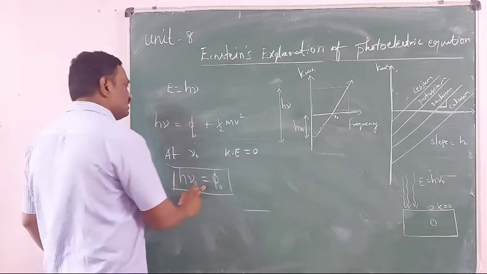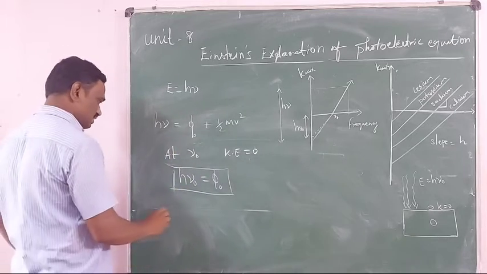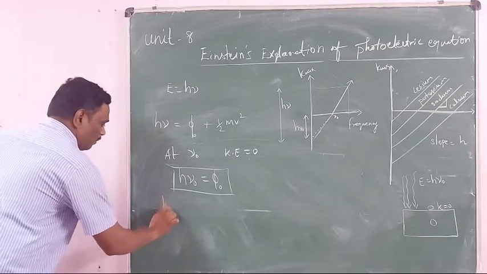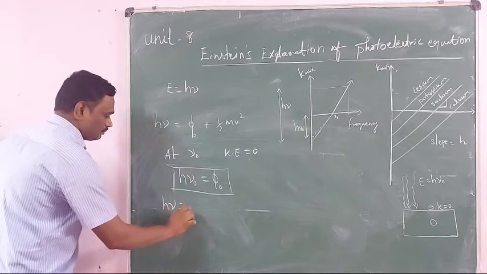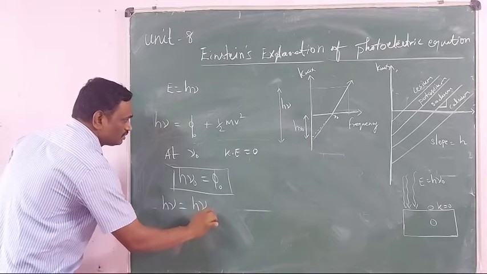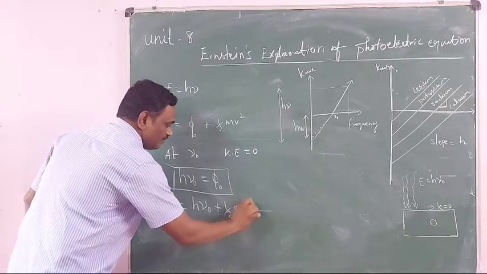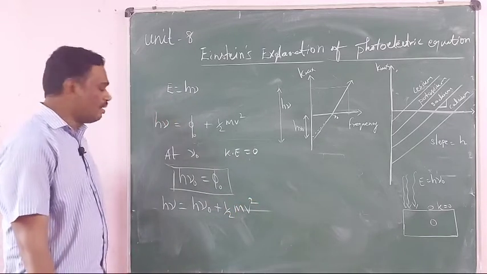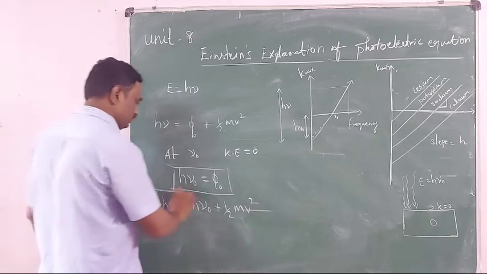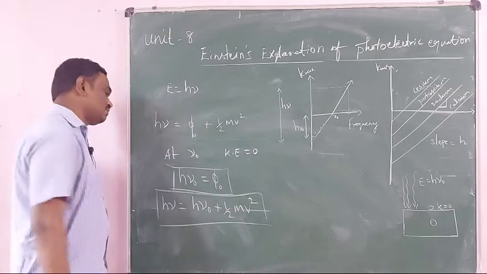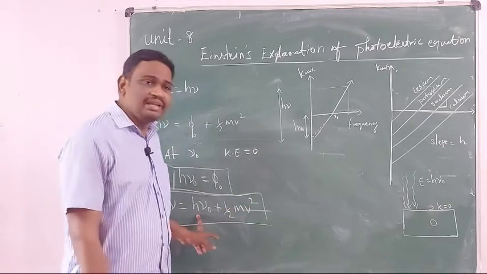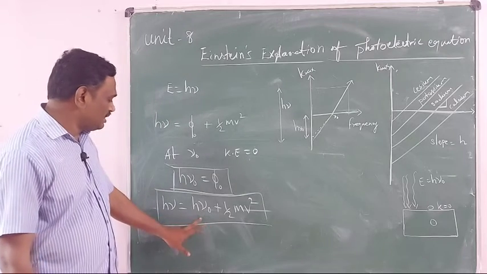Now you substitute this equation in the above equation, so that we will get h nu is equal to h nu naught plus half m v square. So this is also called the Einstein photoelectric equation.